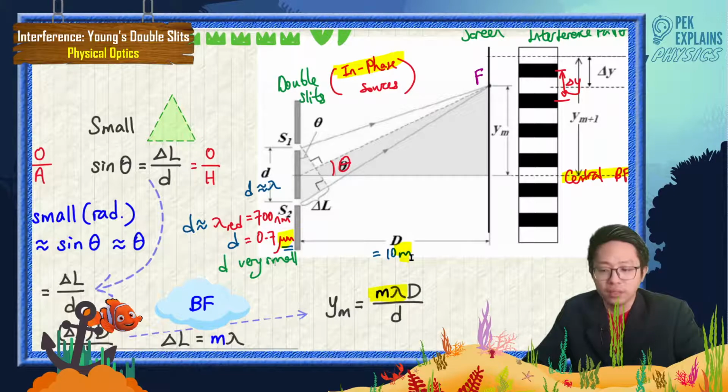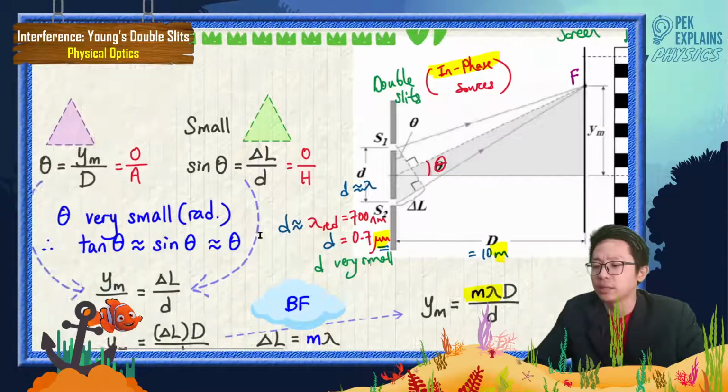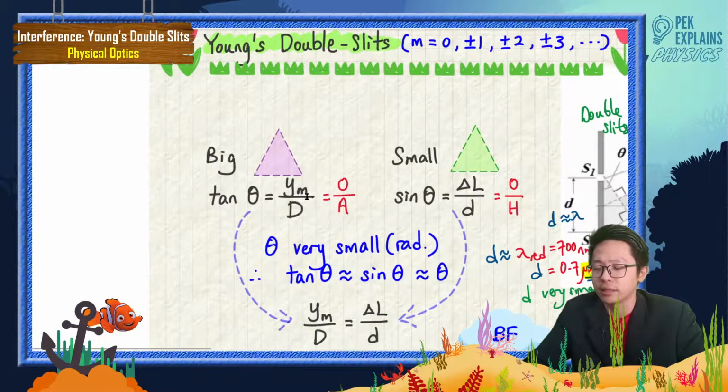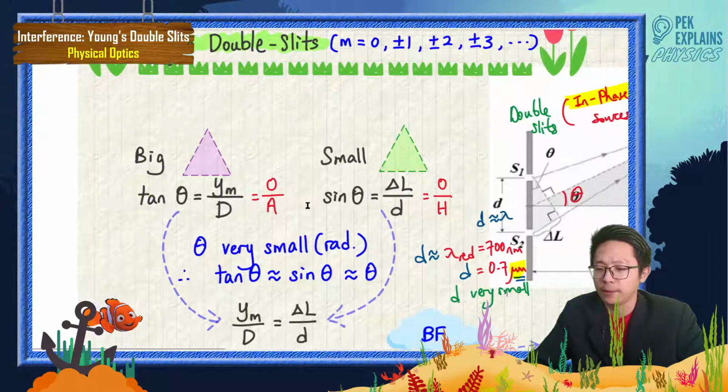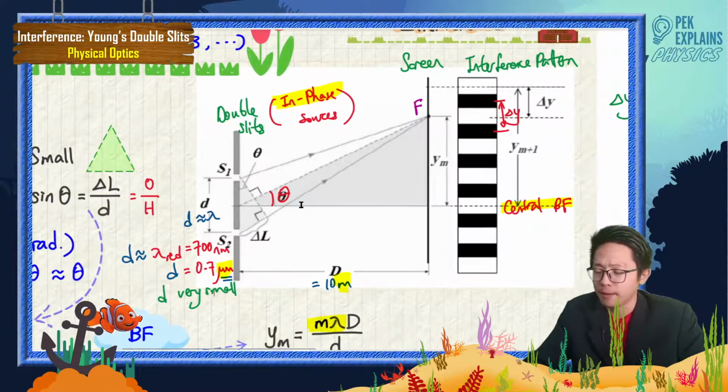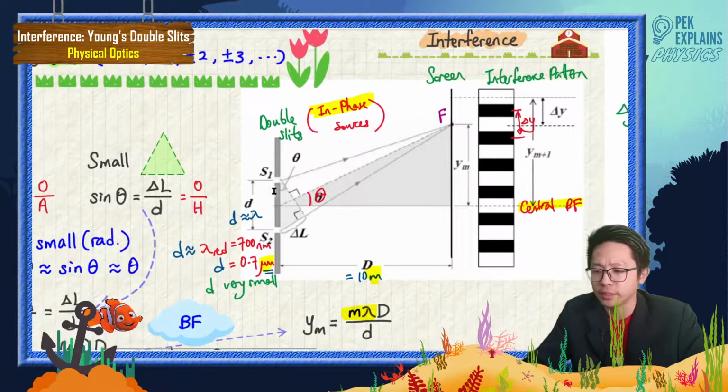So is the angle theta big or small? Let's take tangent theta equal to this one, the distance between them, which is very small, and this one is very big.